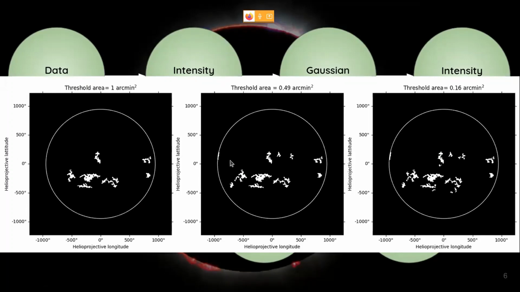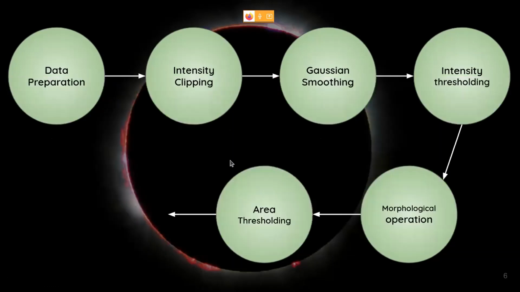For 0.16 arc minute square, some network breakpoints were also detected. I wouldn't call it ideal, but for our algorithm, we chose the threshold area of 0.49 arc minute square. When we input this into the algorithm, we input it in terms of pixels using the plate scale conversion.